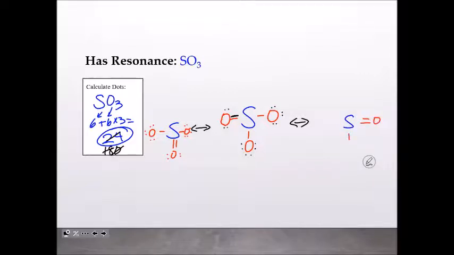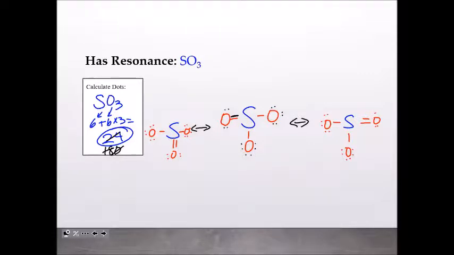In this case, the double bond would be on that side. Now I have drawn the correct Lewis dot structure for sulfur trioxide, showing the double bond being equally shared amongst all 3 oxygens.